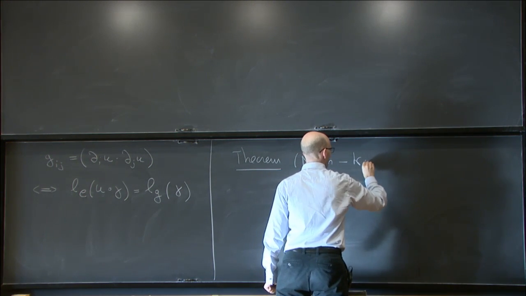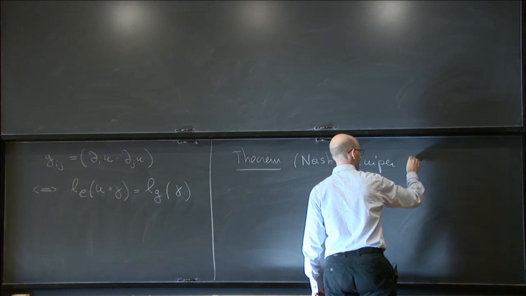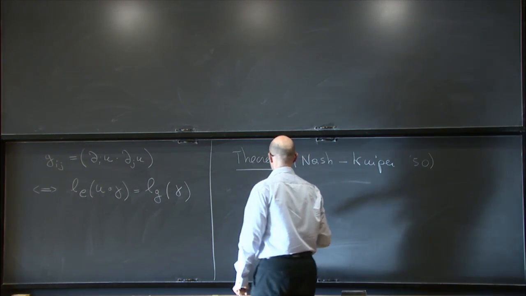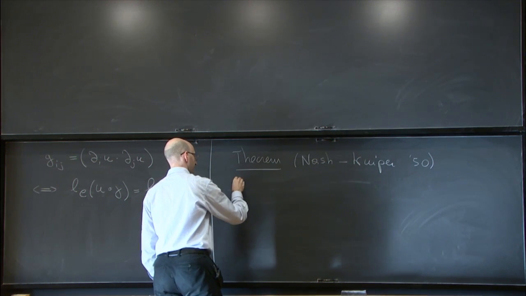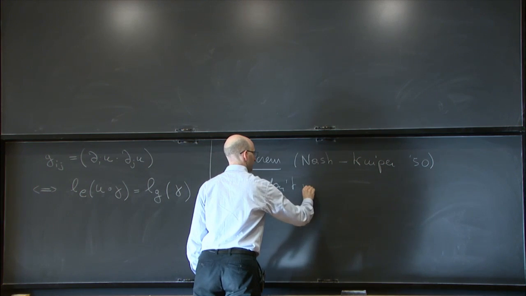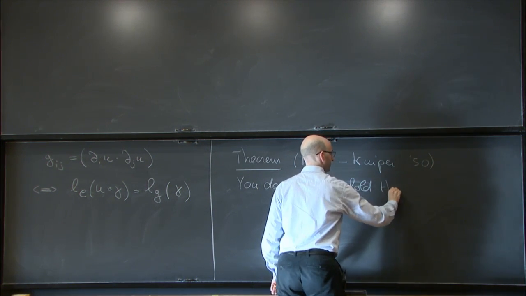Actually, Kuiper really proved the form that I'm going to tell you, in the 50s. So one way of stating this theorem is just to say that you don't need to fold the paper to put it in the pocket.